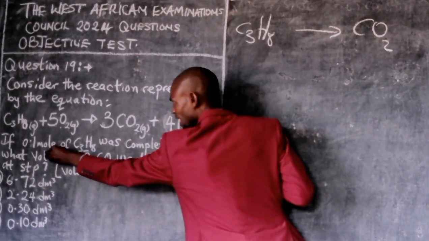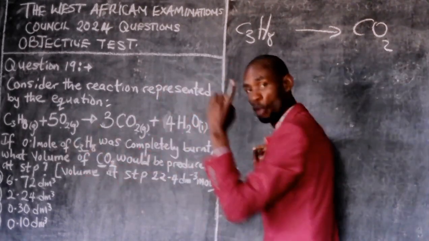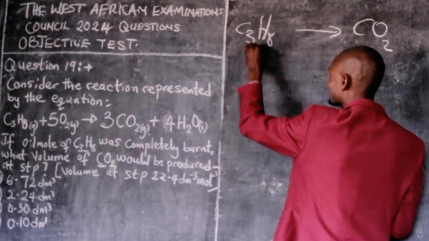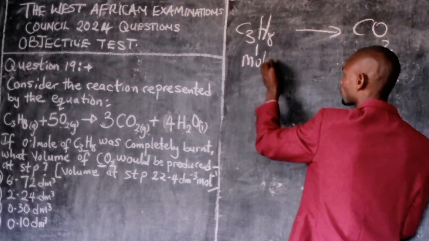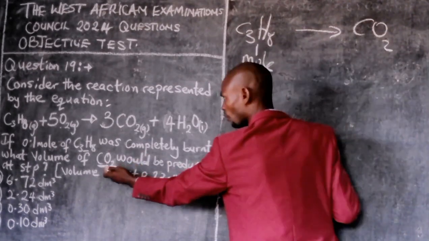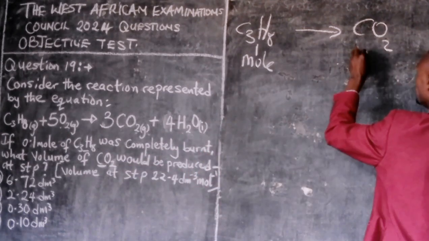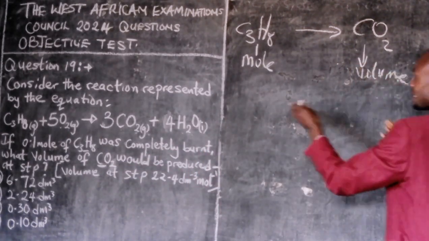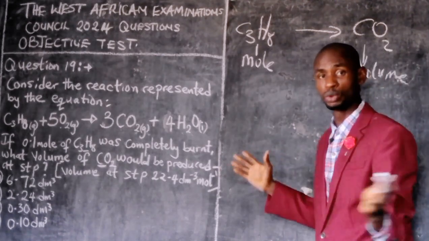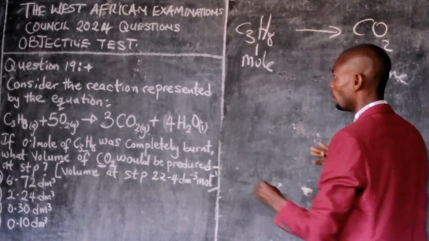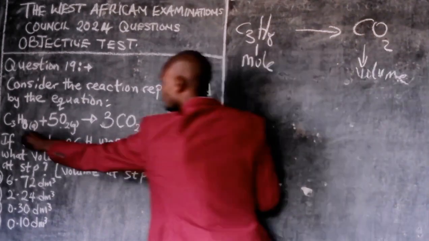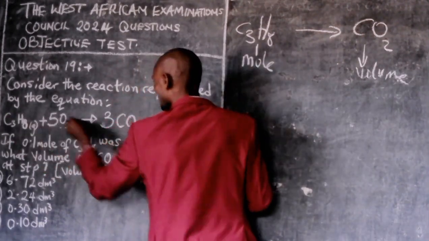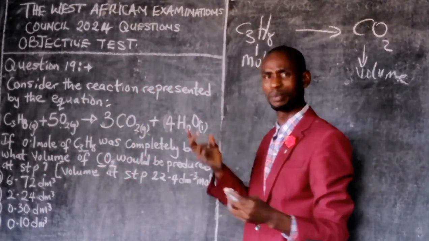Likewise, if you check, if 0.1 mole, so for this C3H8, we are dealing with mole, and then for carbon 4, we are dealing with volume. So right now, that's the two things we are going to be equating together to get our answer. But from the equation, every number that you use to balance a chemical equation can represent three things.